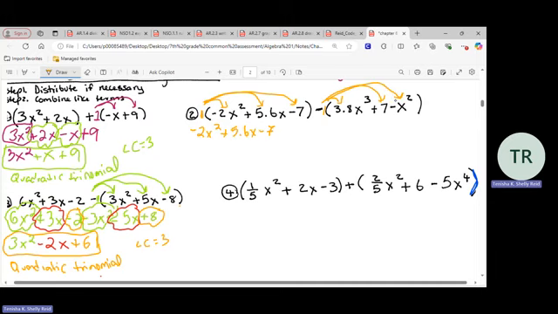We have now -3.8 x cubed minus 7 plus x squared.